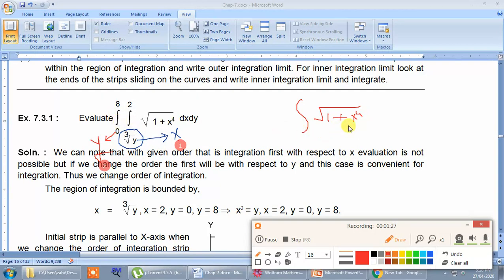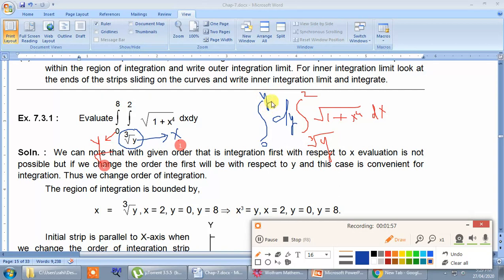The inner integration is from cube root of y to 2, with respect to the x variable. The dy is outside, and the outer integration from 0 to 8 will be here.